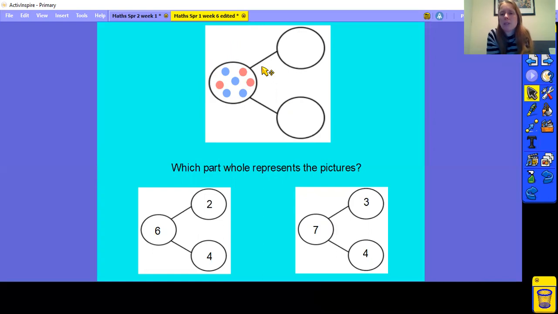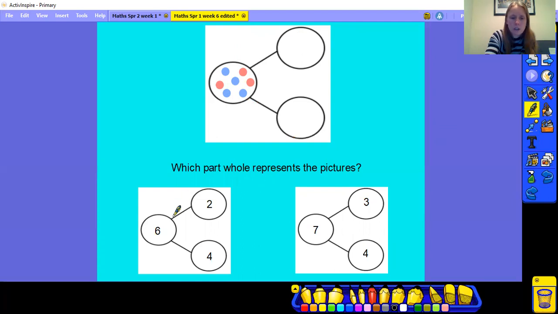Let's start by counting how many spots there are all together. What's the whole amount? 1, 2, 3, 4, 5, 6, 7. So the whole amount is 7.